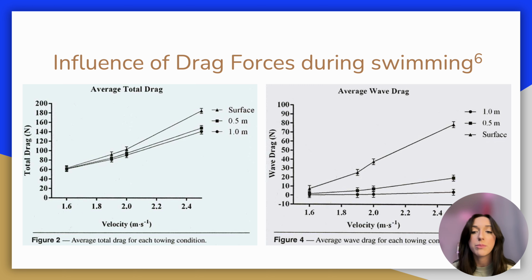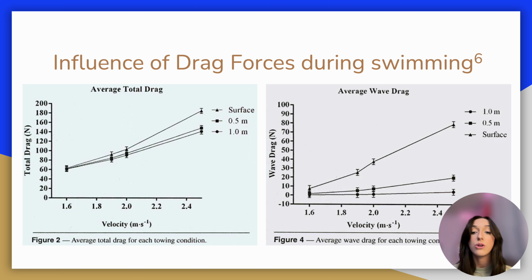However, once it started propelling forward and they got closer to the surface of the water, at higher speeds and velocities, it was shown that at 1 meter and 0.5 meters it did go up in total drag applied onto the swimmer, but it was not as high as it was on the surface of the water.